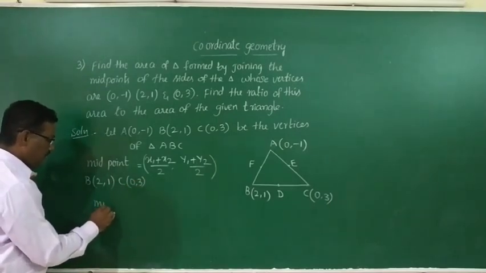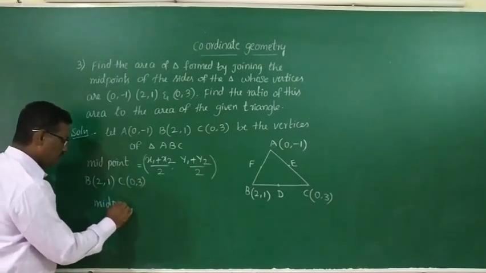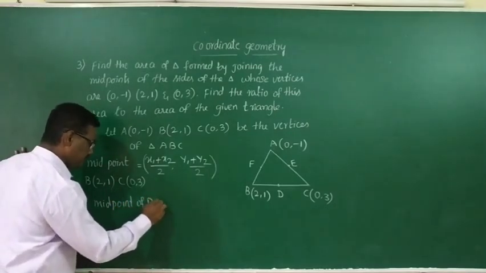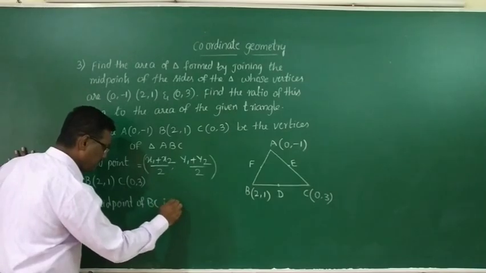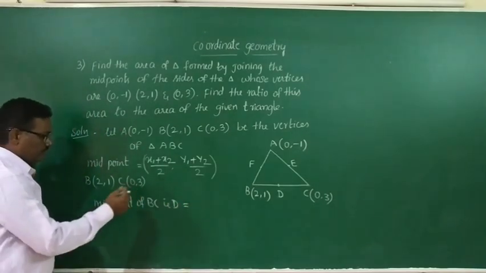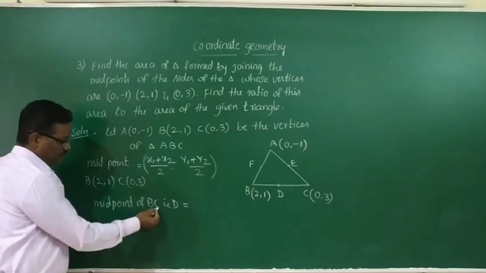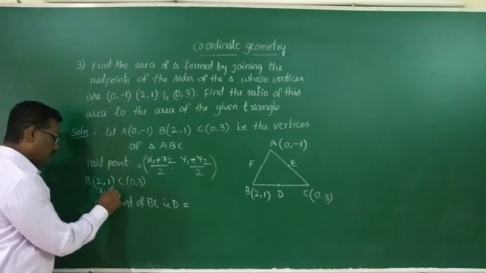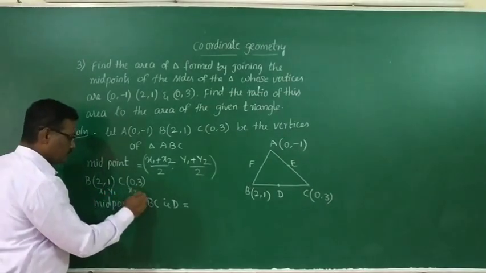Therefore, the midpoint of BC, that is D: B is the first point, C the second point, so we consider x1, y1, x2, y2.